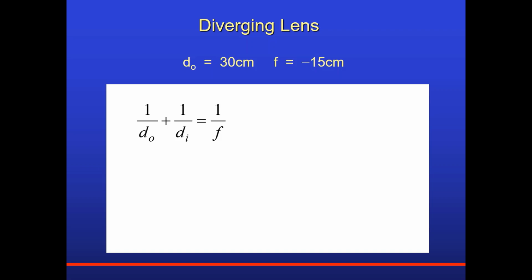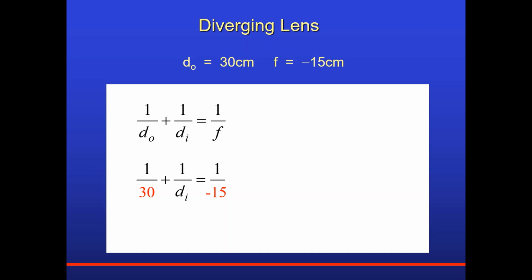Now let's look at the math for the diverging lens. Notice we have a focal length of minus 15 centimeter. Diverging lens, negative focal length. Let's place those values in the equation. We have 1 over 30 plus 1 over di, equals 1 over minus 15. The right-hand side of that equation is negative.